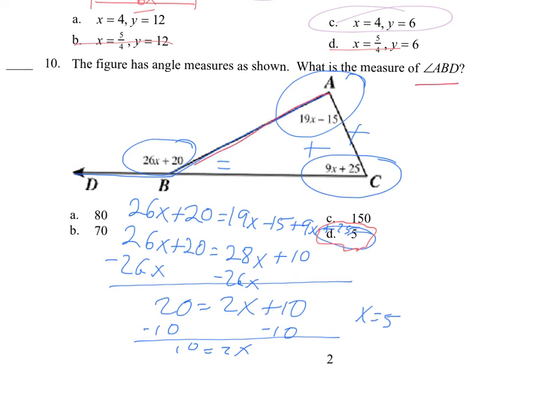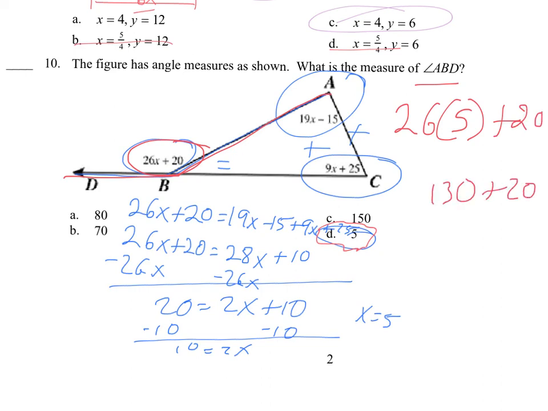Well, there's ABD, so we're talking about this angle. So we've got to replace x with 5. And when we do that, we get 130 plus 20, which is 150 degrees. So that is the correct answer. C is our answer.